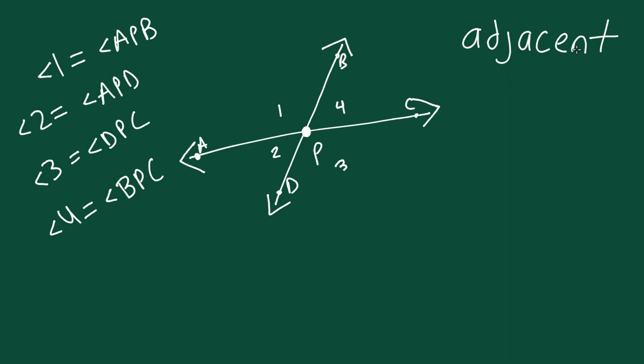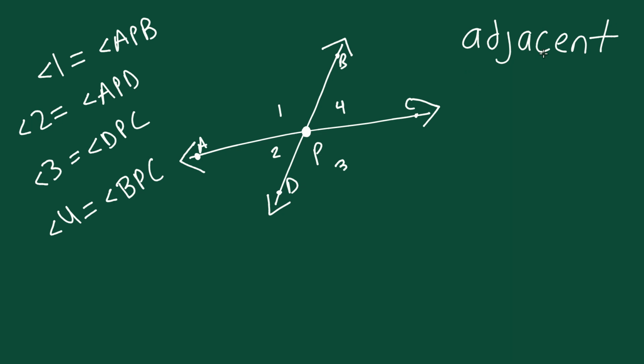So adjacent means neighbors. So angles 1 and 4 are adjacent. They share a vertex, they share a common side, they share a ray. They share ray PB. Angles 4 and 3 are adjacent. Angles 3 and 2 are adjacent. Angles 2 and 1 are adjacent. Neighbors.